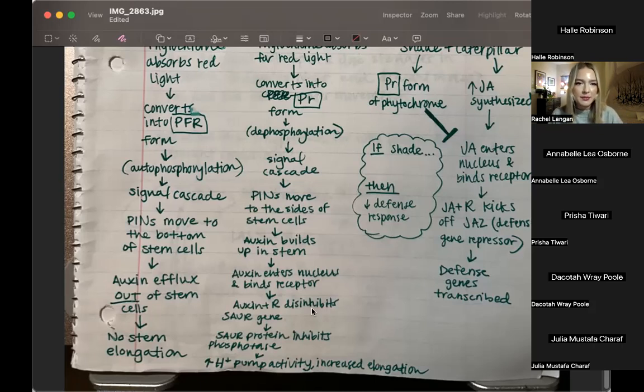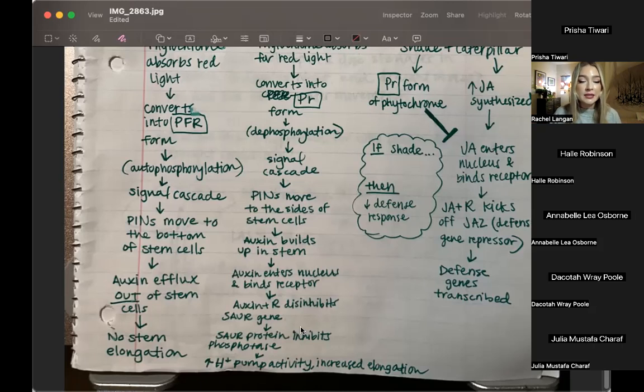At the same time this is happening, when you pump out hydrogen ions into the apoplast, that's going to activate proteins that will break down the cell wall and allow it to expand. So those expansin proteins will kind of break up the cell wall. So you need both water fluxing in and a breaking up of the cell wall to get elongation.